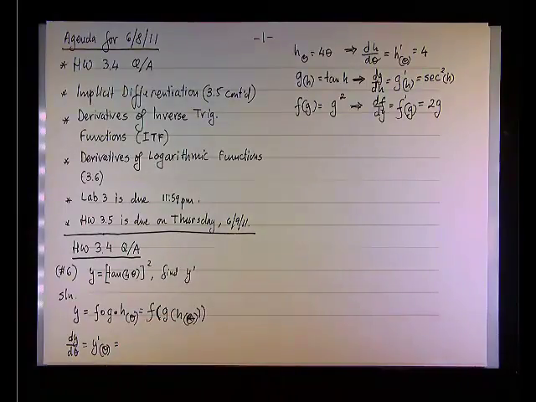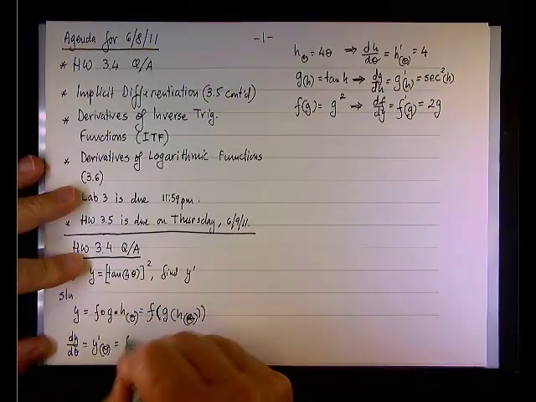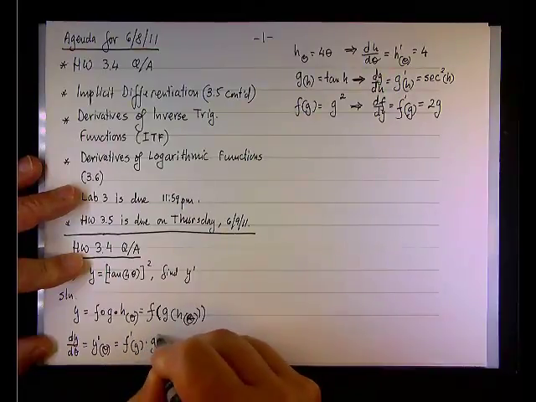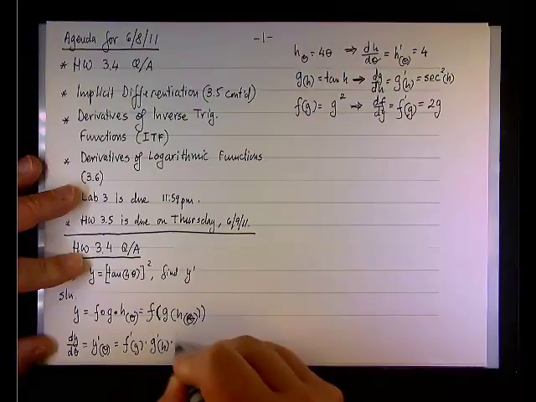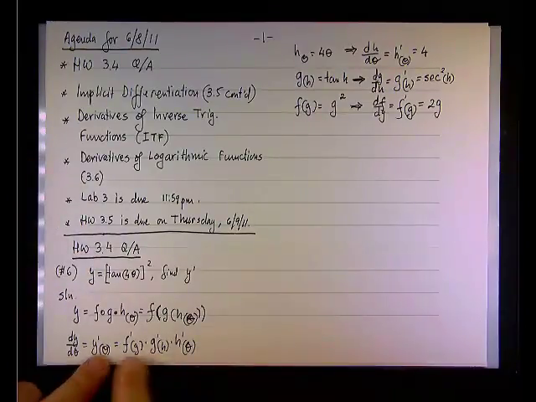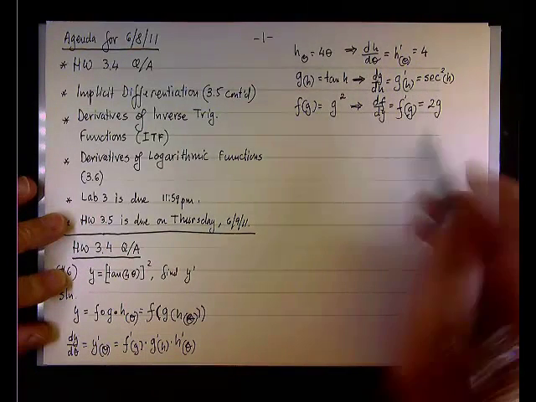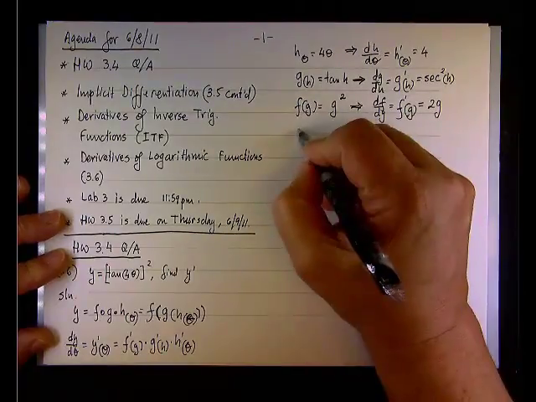I should have put parentheses right here. Sorry about that. So by the chain rule, it will be f prime of g times g prime of h times h prime of theta. Okay, so I have these three factors to multiply each other, and I produce all three right there.